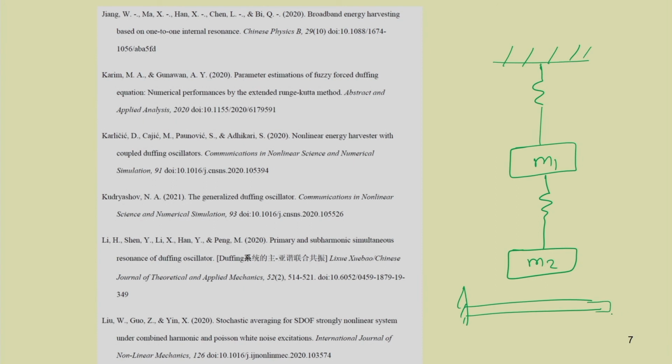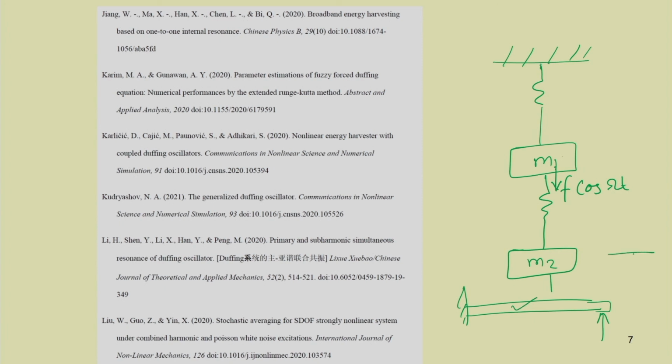Let the forcing be applied here, and let this force equal F cos omega t. As this is a 2 degrees of freedom system, it has two natural frequencies. Similarly, continuous systems will have an infinite number of natural frequencies.